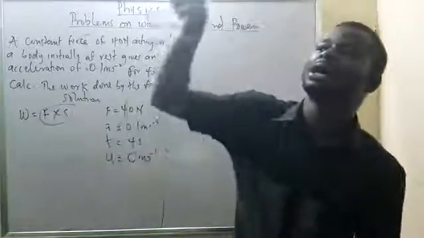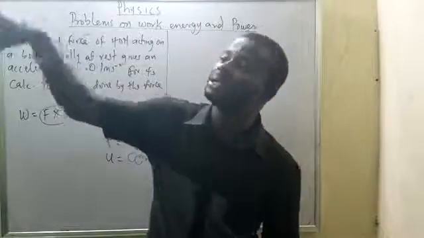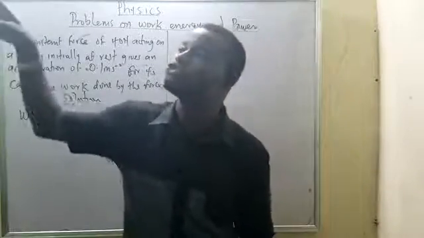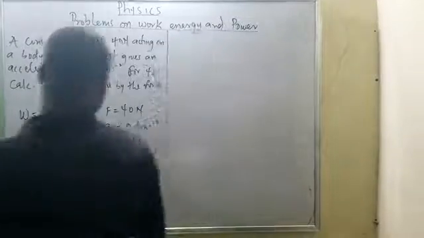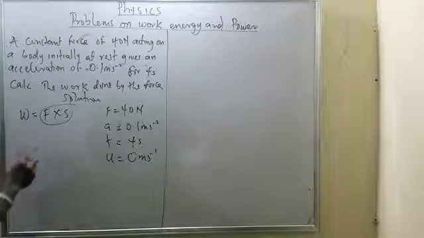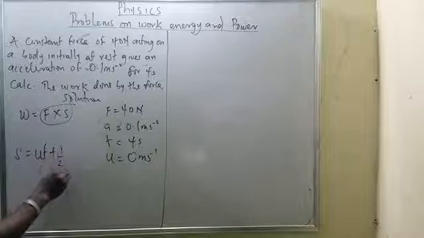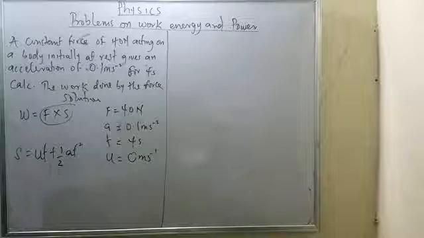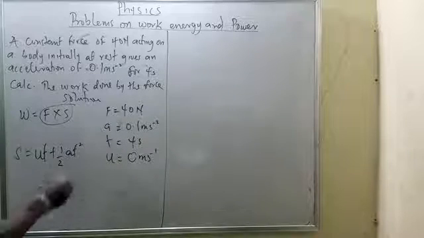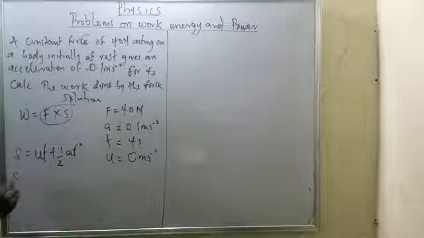Equation 2 has distance s equals ut plus 1 over 2 at squared. With this, I think I can get my distance. What is my u?